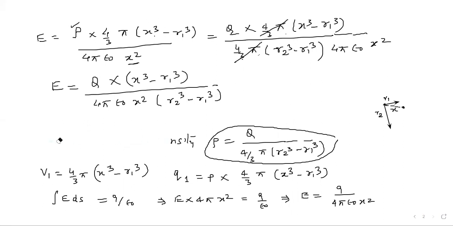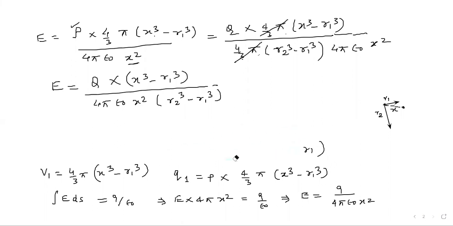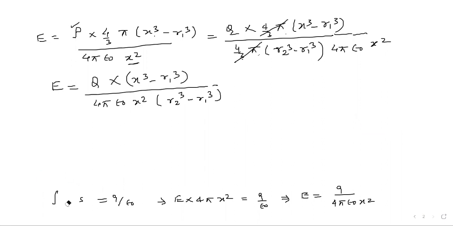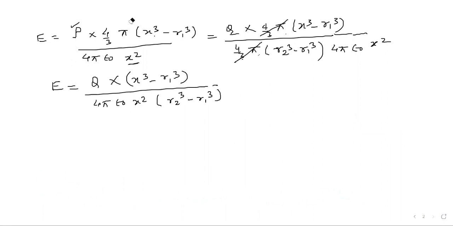Now we have to plot the graph. So as per the question, in the region 0 to R1, there is no charge, and then charge is confined between R1 and R2. Here this is R1 and this is R2. So charge is confined in this region.